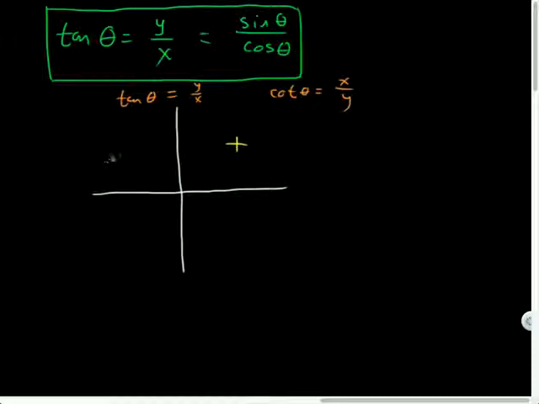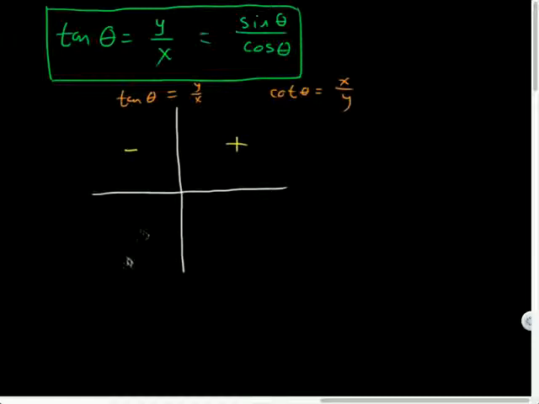For quadrant 2, sine was positive and cosine was negative, so dividing them would give me a negative. So for these signs, for tangent and cotangent, when sine and cosine agree, they're going to be positive, and when sine and cosine disagree, they're going to be negative, right?